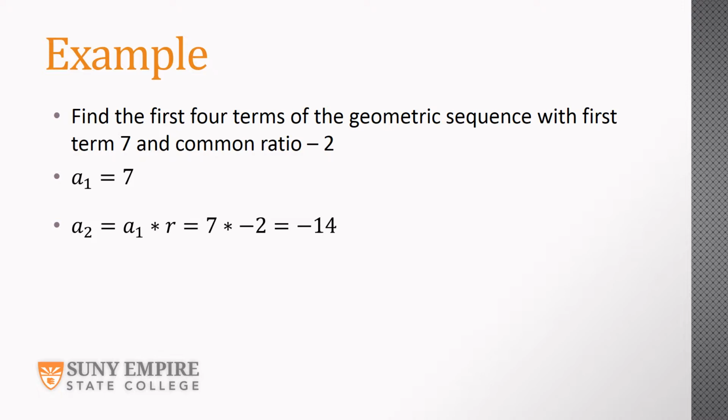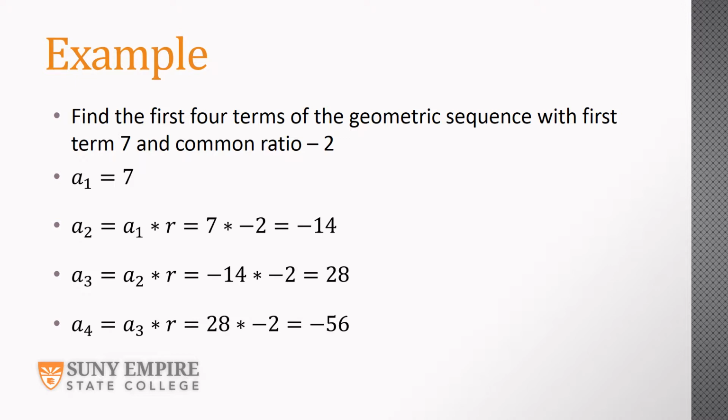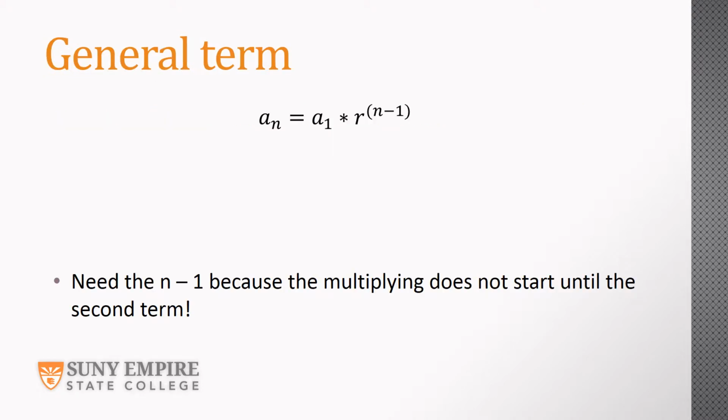We have 7 multiplied by -2. Therefore, a sub 2 equals -14. A sub 3 will then be the -14 multiplied by -2, which equals 28. Multiplying 28 by -2, we find a sub 4 equals -56.